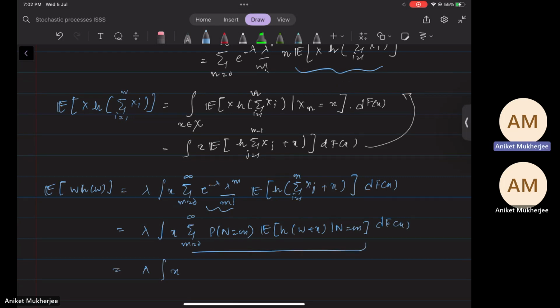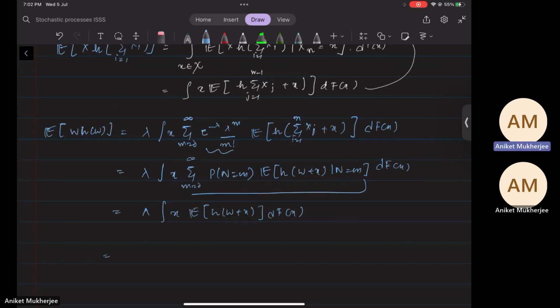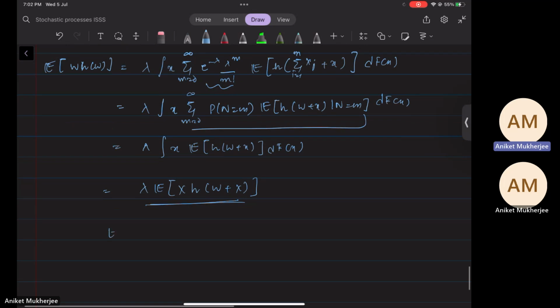This whole term is just expectation h w plus x dFx. This whole term is an expectation. So lambda expectation of x h of w plus x. So we got the property that w is lambda expectation of x h w plus x.